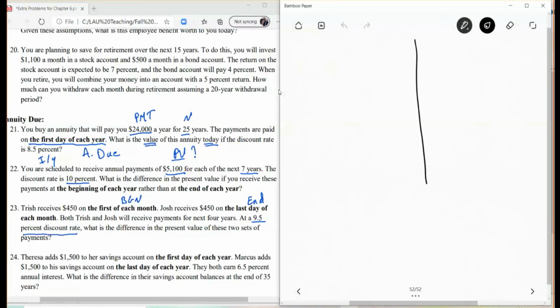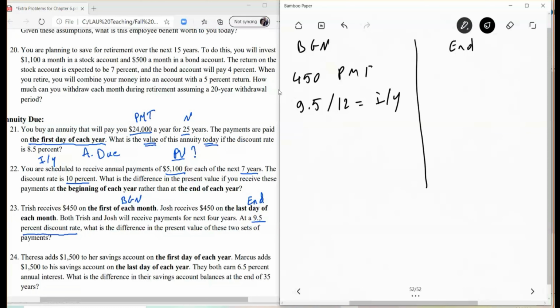So once again, I have the begin mode and the end mode. While I'm in the begin mode, I should make the following entries. 450, this is PMT. The interest is 9.5% compounded monthly because I have monthly payments.